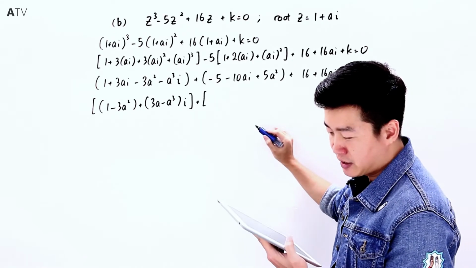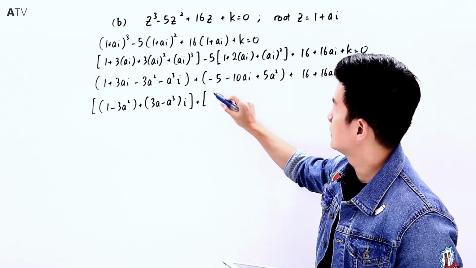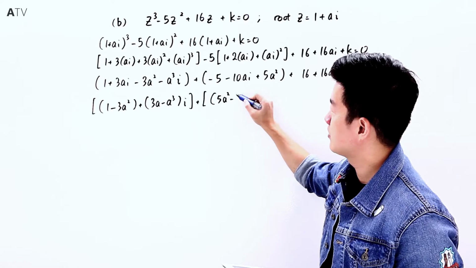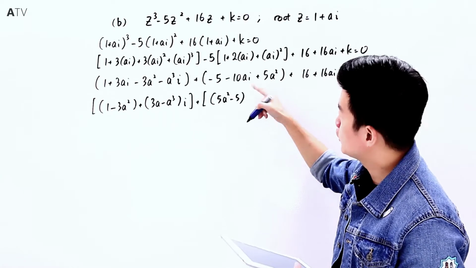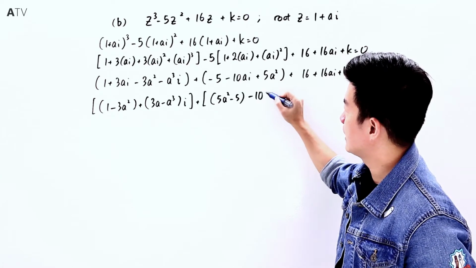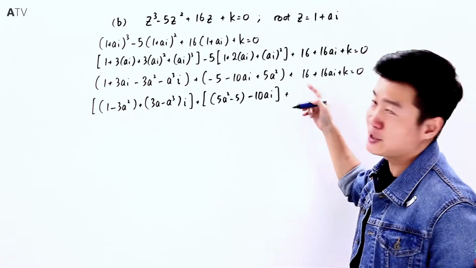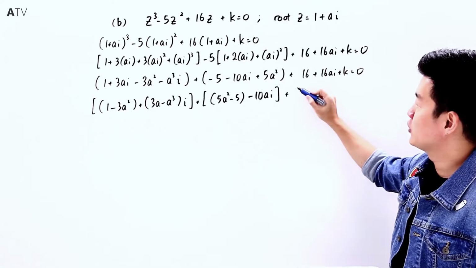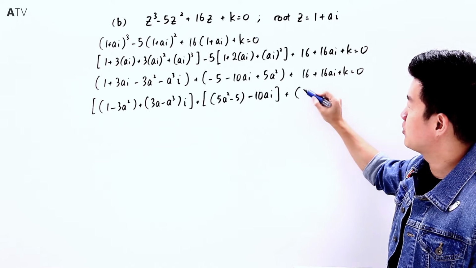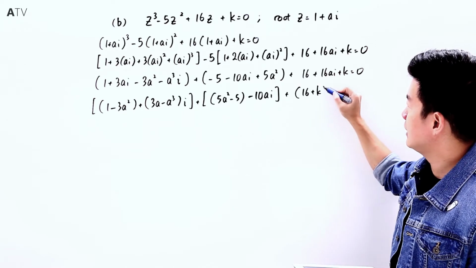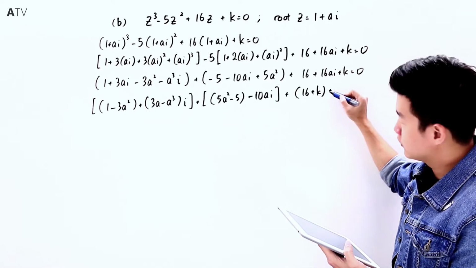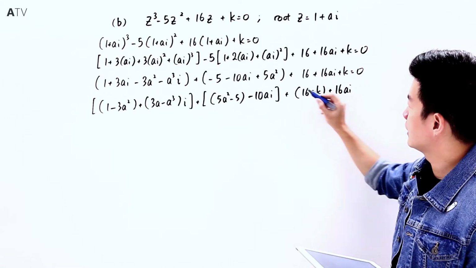The real portion is going to be this and this, so it is 5a squared minus 5. And the imaginary portion is just this, minus 10a i. Let's group these two, 16 and k, they are the real portion, so 16 plus k, and the imaginary portion is going to be 16ai.